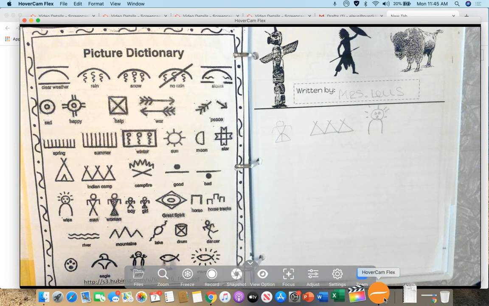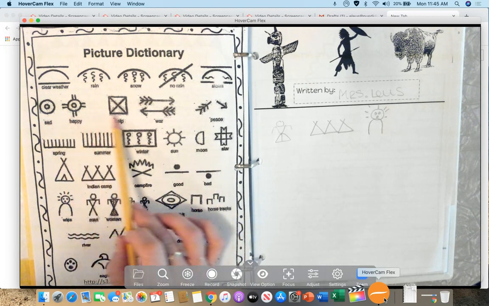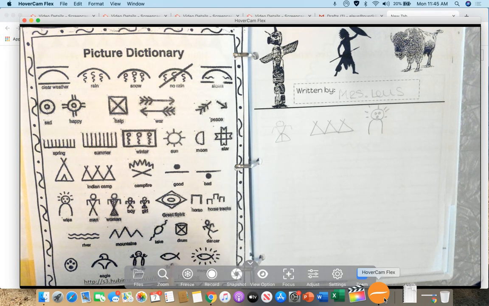So I said there was a girl who lived in an Indian camp who was very wise. I'm going to say that she went out hunting. So let's see if there's a symbol for hunting. Okay, I don't see one for hunting, but there is a symbol for fish and river.